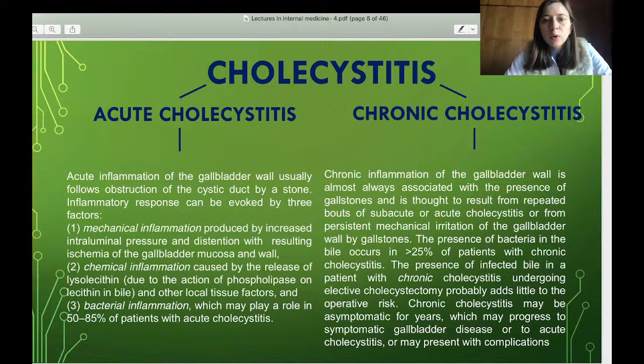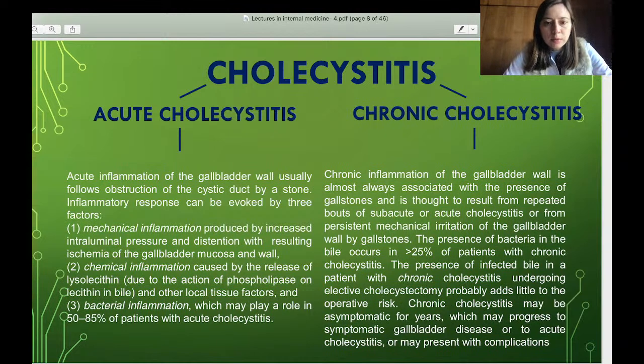The presence of bacteria in the bile occurs in more than 25% of patients with chronic cholecystitis. The presence of infected bile in a patient with chronic cholecystitis undergoing elective cholecystectomy probably adds little to the operative risk.